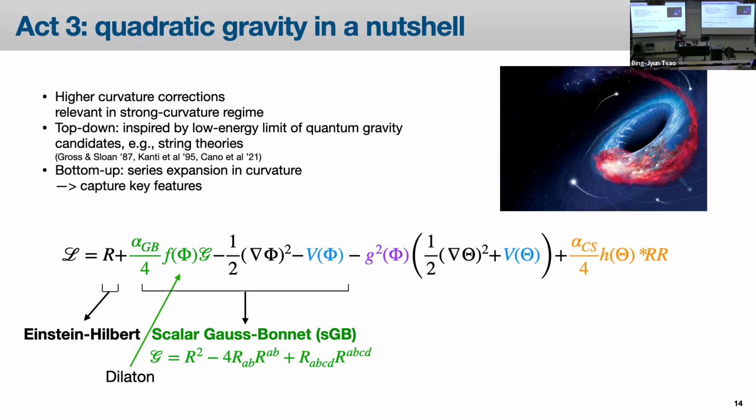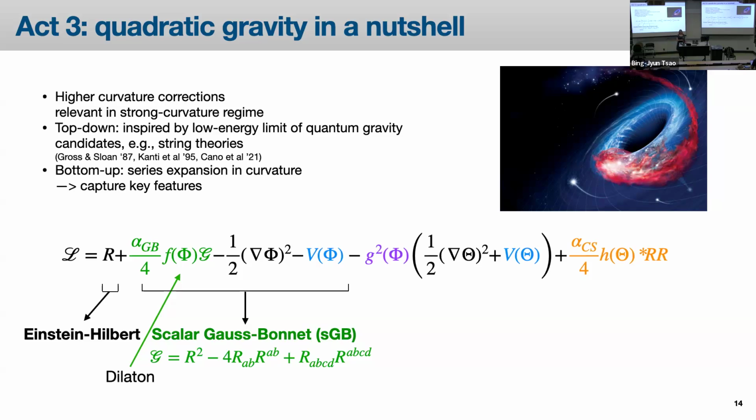It's a combination of Riemann squared, Ricci tensor squared, and Ricci scalar squared, such that the equations of motion that you get are still second order in derivatives. So nonlinear in those second derivatives, but second derivatives nonetheless. And this first part in green is what people usually call scalar Gauss-Bonnet gravity or Einstein-Dilaton Gauss-Bonnet gravity. If you hear Gauss-Bonnet, this is what we mean by that.